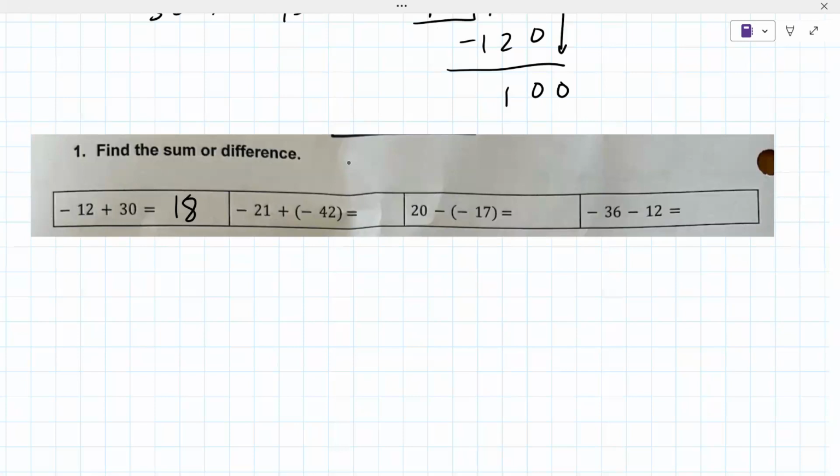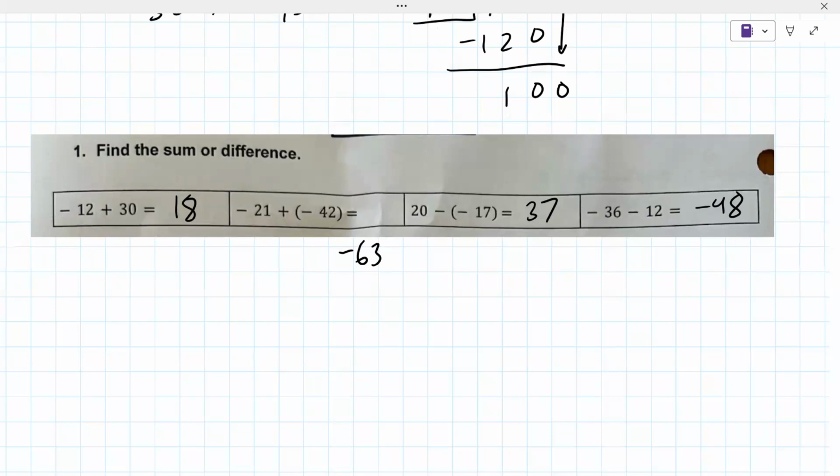So then all you have to do is add to negative 63. Agreed. Good. 37. Good. Negative 48. Good. You got it.